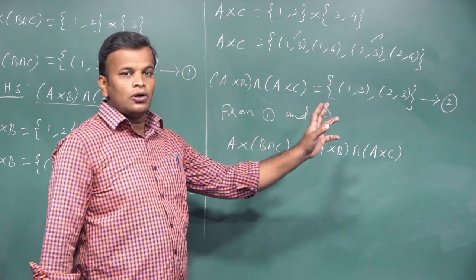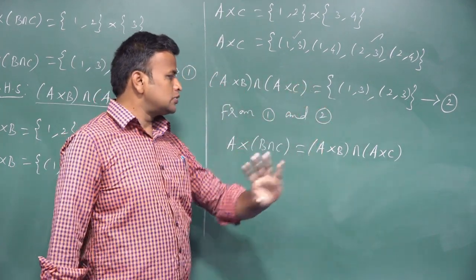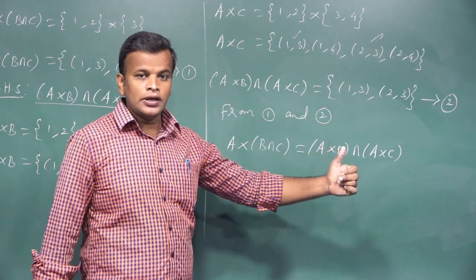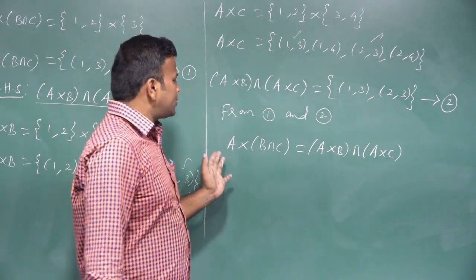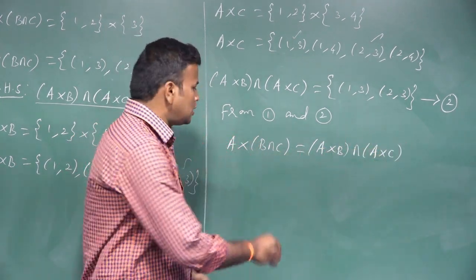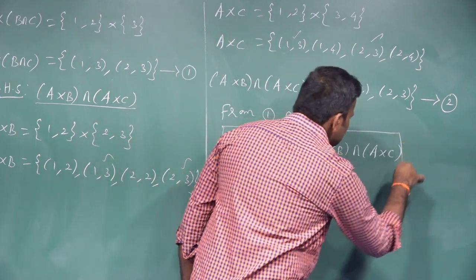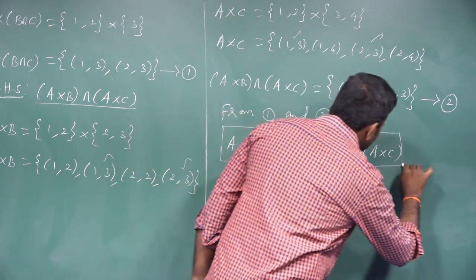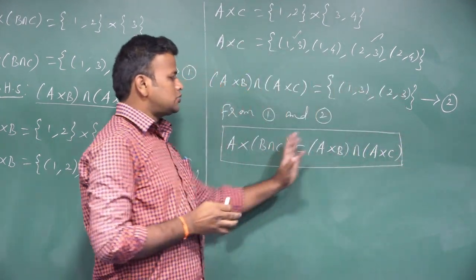Both the RHS are equal, therefore the LHS is also equal. Our question is to verify. Now, to verify, all are equal. We write it is verified.